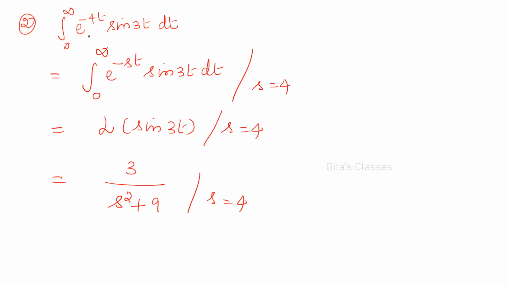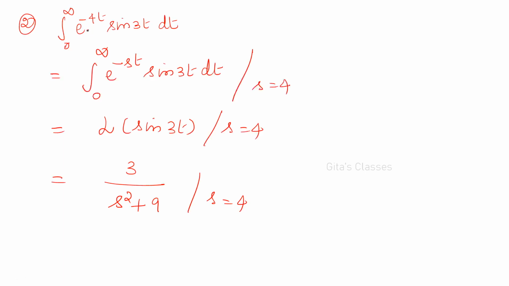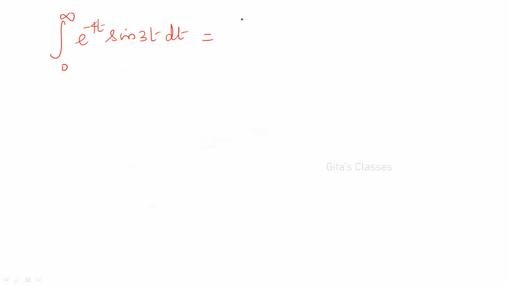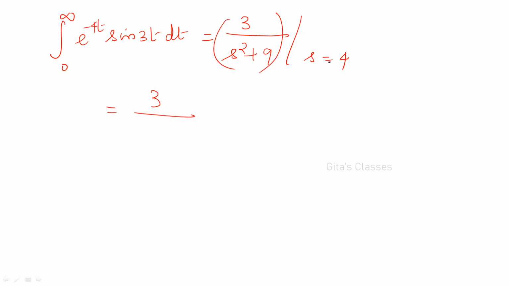So the integral of 0 to infinity e power minus 4t sine 3t dt is equal to 3 by s squared plus 9, in which s should be replaced by 4, right? So this is equal to 3 by, wherever you have s, replace it by 4.